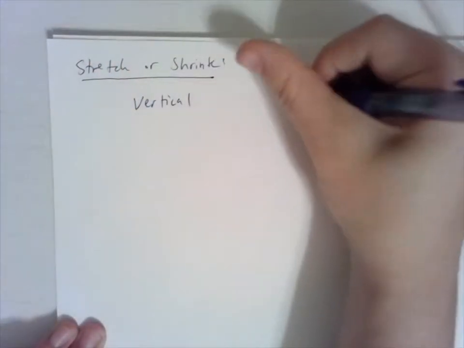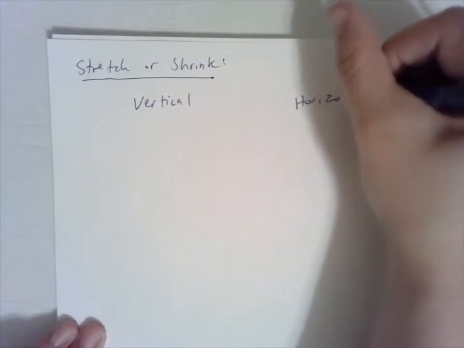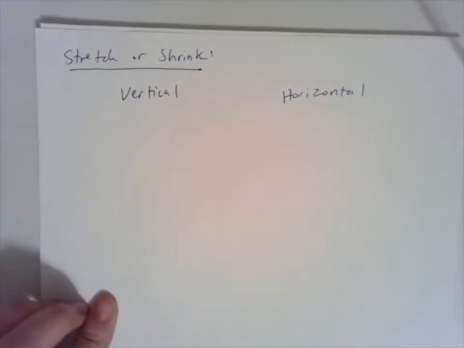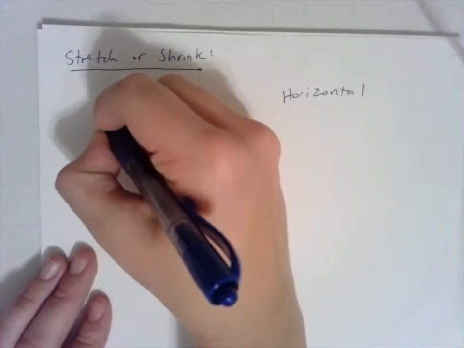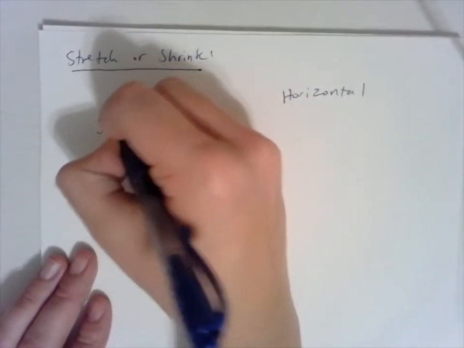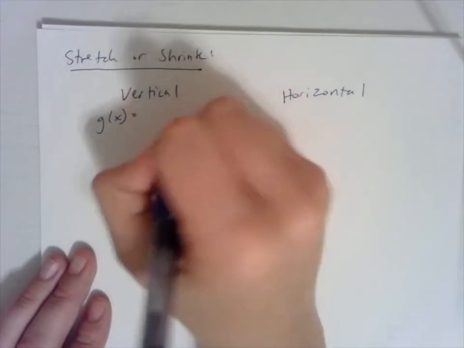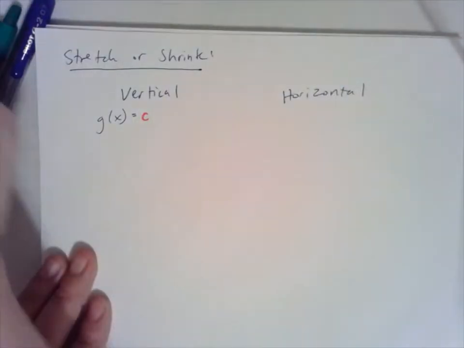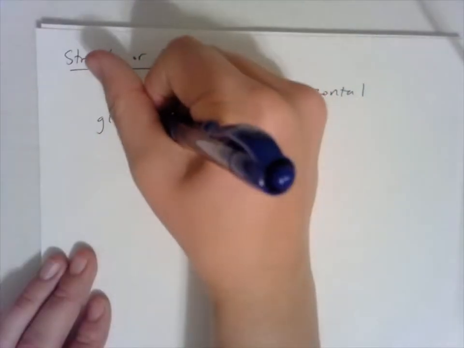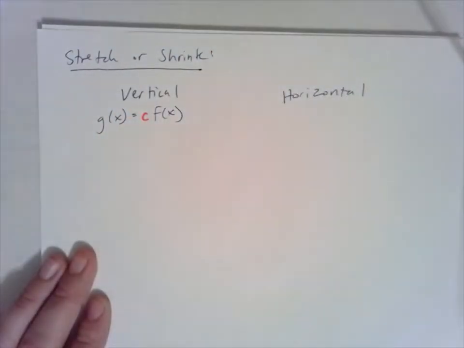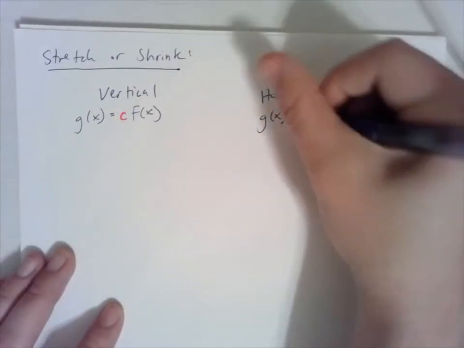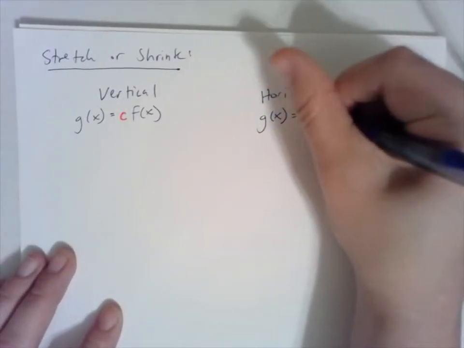And here's how you can tell the difference. Vertical means that you have a constant, a c value, out front of your f of x. And a horizontal means that you have a c value inside the parentheses next to your x.